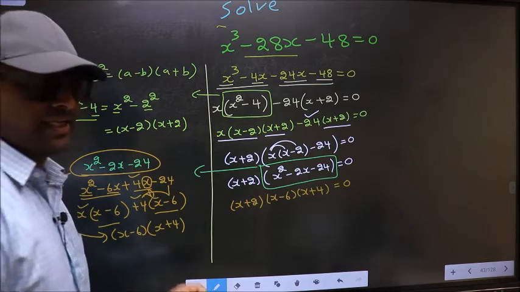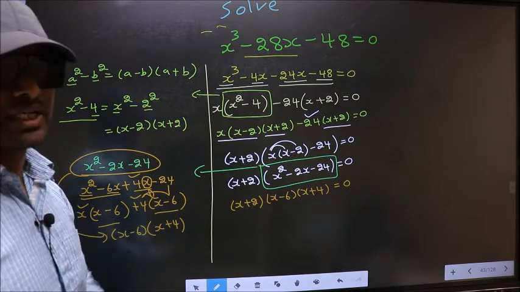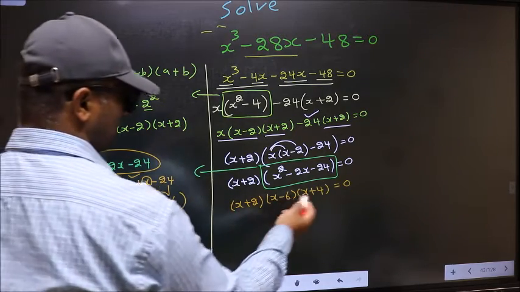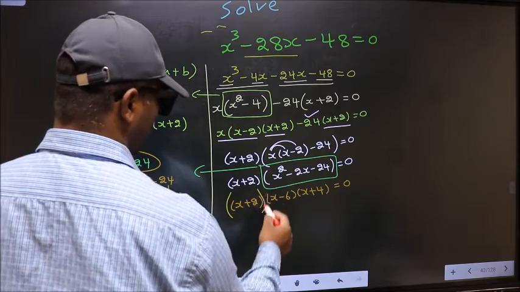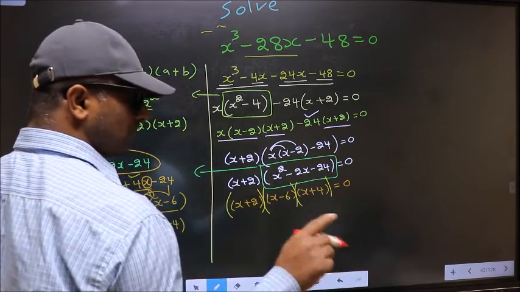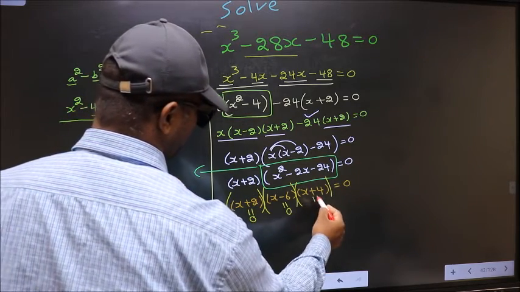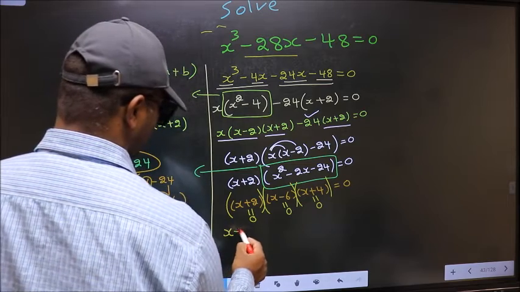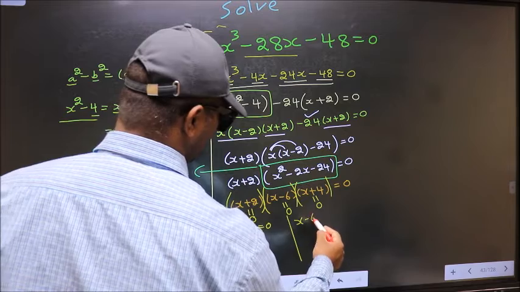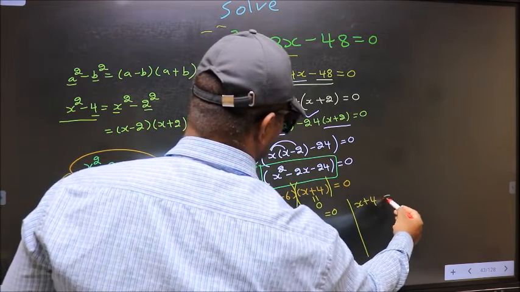Here they told us to solve, which means we should get the values of x, and over here we got product of brackets equal to 0. So to get x values, we should equate each bracket to 0. That is x plus 2 equal to 0, x minus 6 equal to 0, x plus 4 equal to 0.